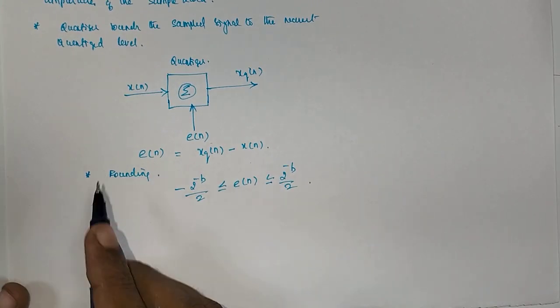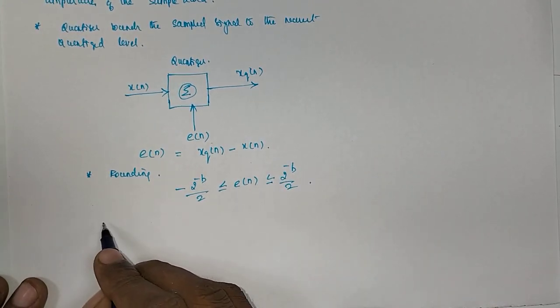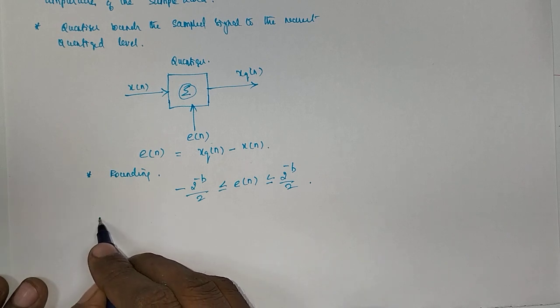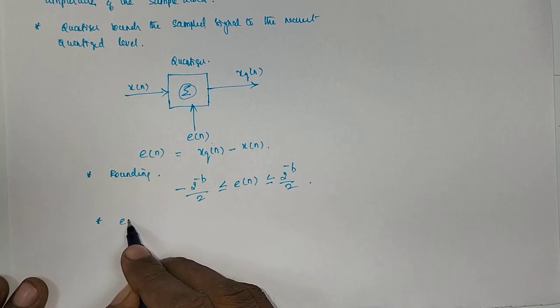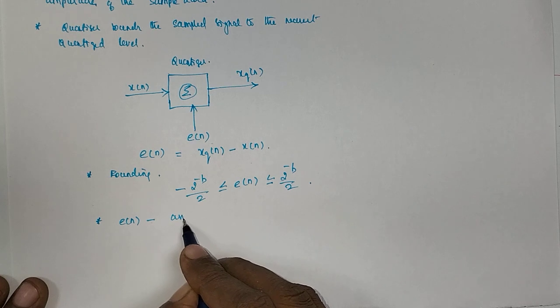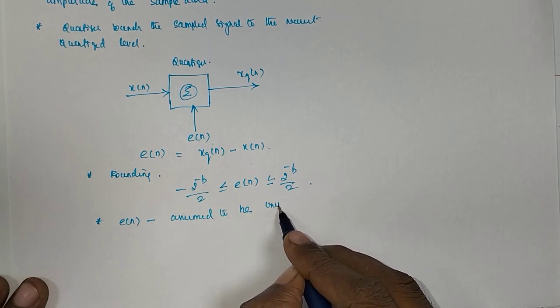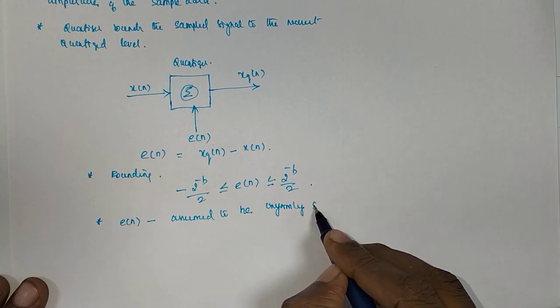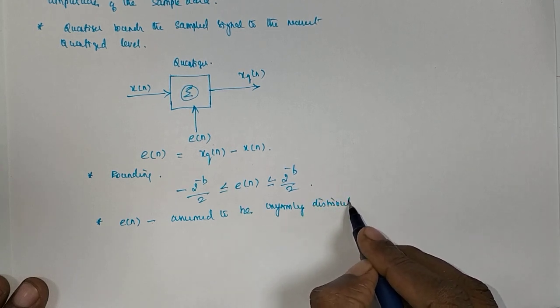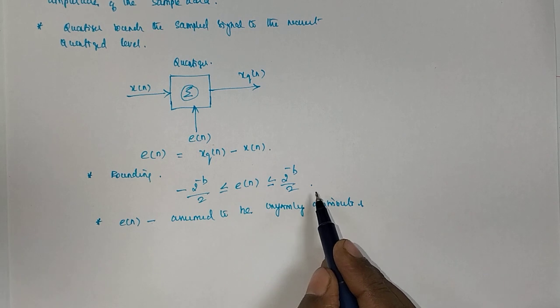The next assumption is that the quantization error is uniformly distributed over this range.